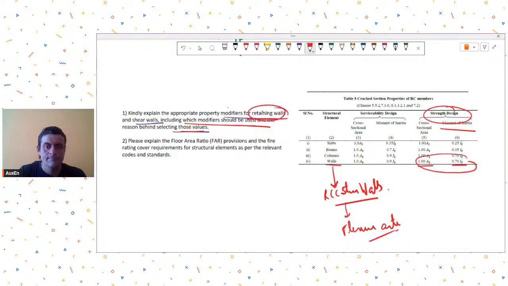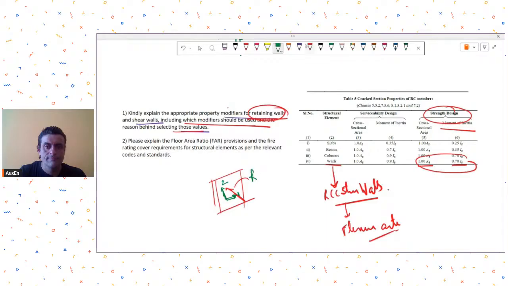For retaining walls, what happens is that the walls are expected to take out of plane loads. So when it is expected to take out of plane loads in retaining walls, I will just use the ETABS sign convention and local axis convention right now. Most of the times in ETABS, your local axis 1 will be like this, local axis 2 will be like this.